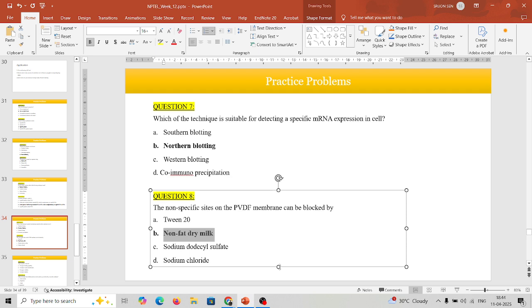We do not use SDS, but we use Tween-20 for washing of the membrane during the different washing times for the removal of the unbound antibodies and all. Okay.